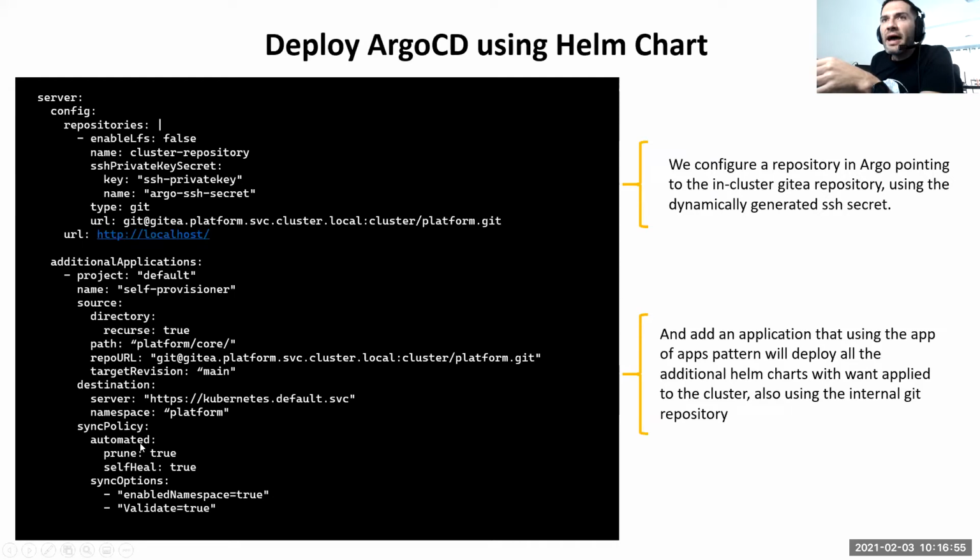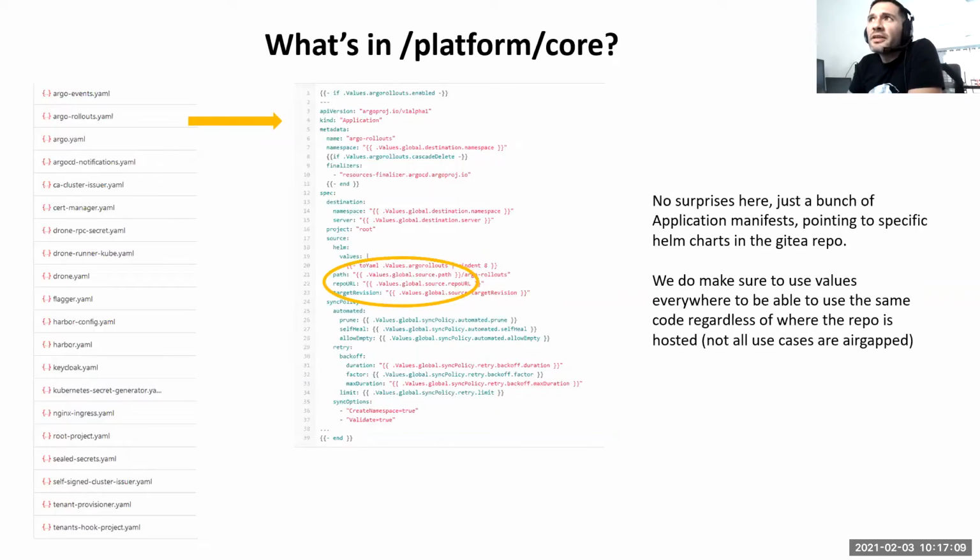So in this path, platform core, we have all the other applications which are basically sourced from Helm charts that are also in the repo to install. There's really nothing much in platform core. There's just our different applications of all the different components that Argo is installing for us by tracking this repo.